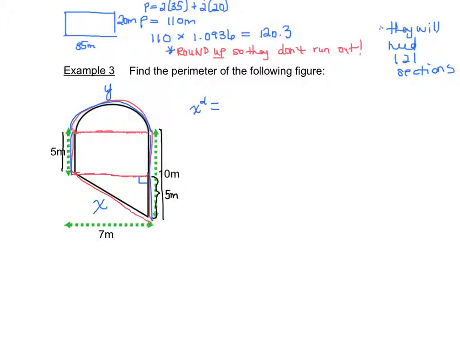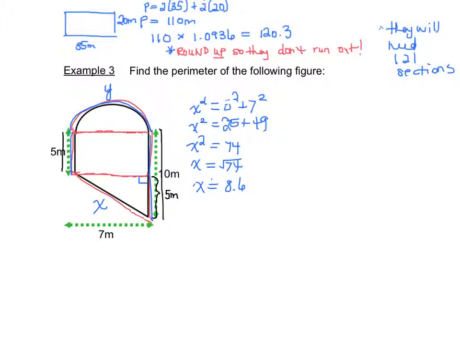Now we can use the Pythagorean theorem to say that x squared is equal to 5 squared plus 7 squared. If we simplify that, we get x squared equal to 25 plus 49. So x squared is equal to 74. x would be the square root of 74, which is approximately 8.6.